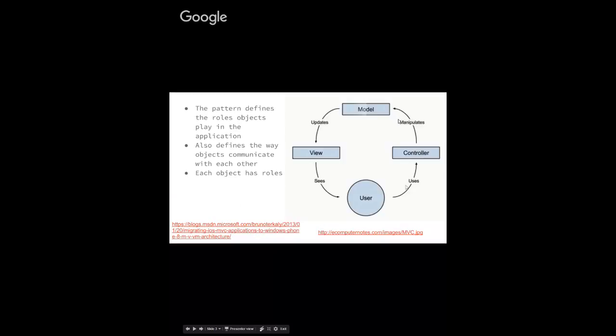So it's a pattern. It defines how the user sees what they see, and it defines the communication between each part and defines its role. So the user uses the controller, which manipulates the model, which updates the view, and the user sees what the model updates to the view. In this scenario.